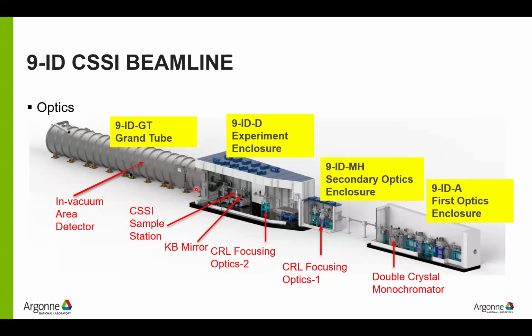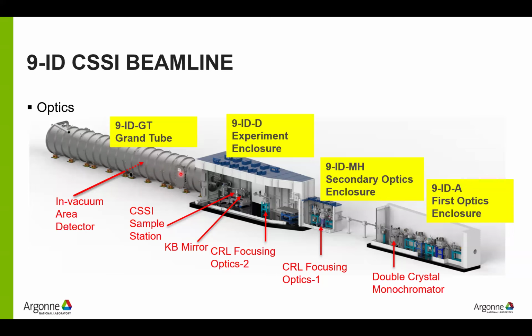And then I mentioned that we want to have a large sample detector distance so we could get a good oversampling ratio. So a unique feature of this beamline is that we have a very large vacuum flight path that we've called the grand tube. This external part is about 20 meters long, so we'll be able to get over 20 meters away from the sample at the CSSI sample area. And inside this tube, I'll show you later, is where our detector for CSSI is.